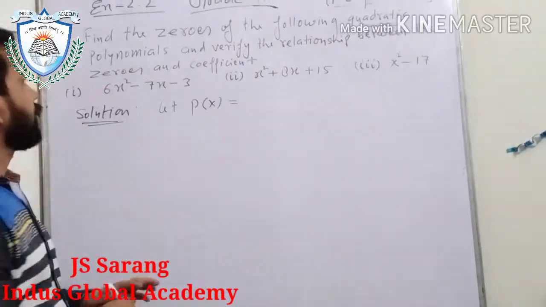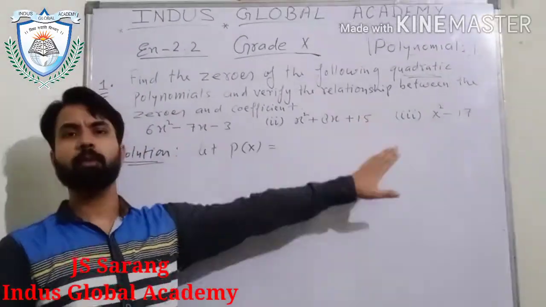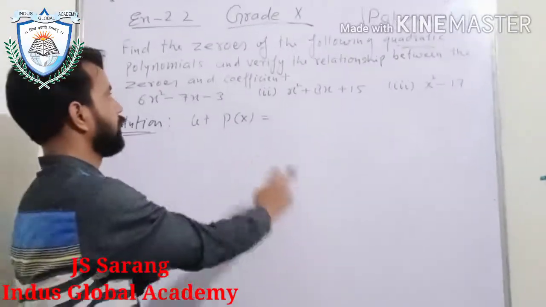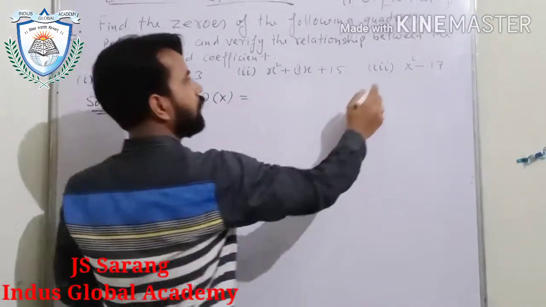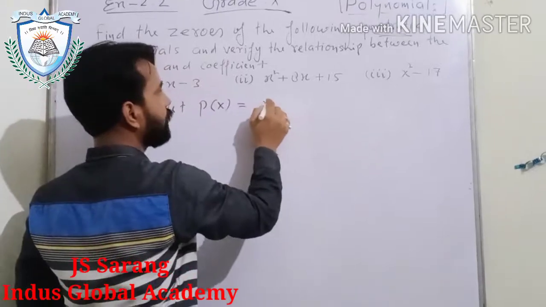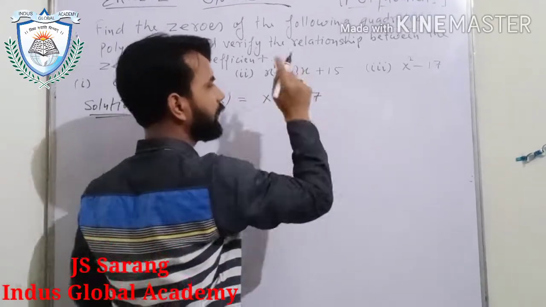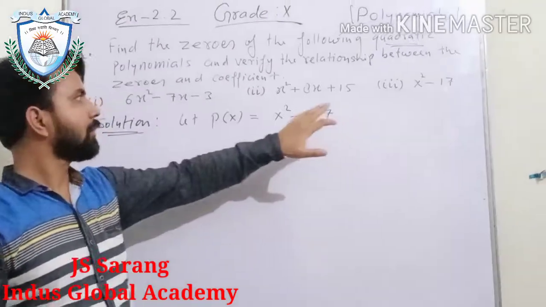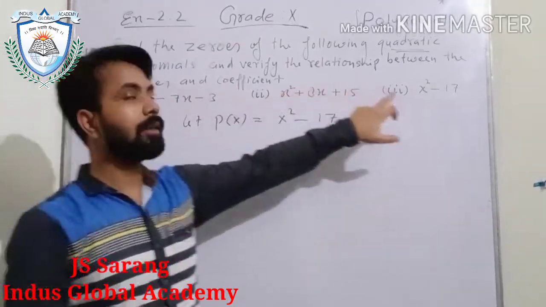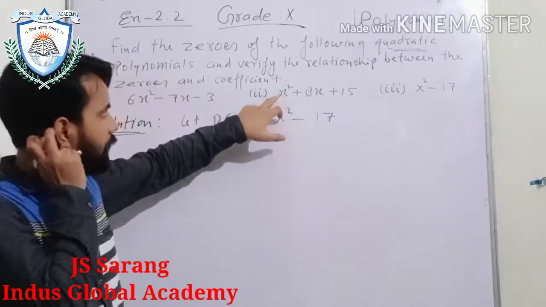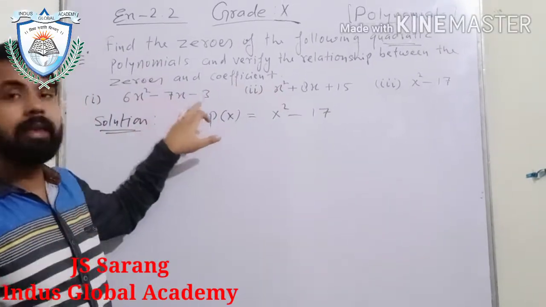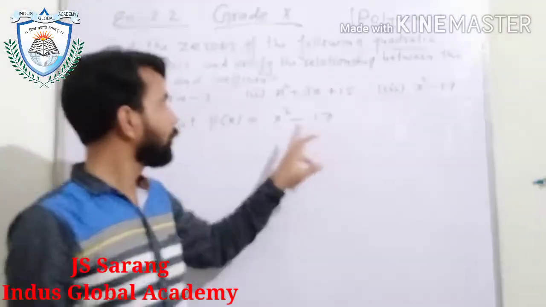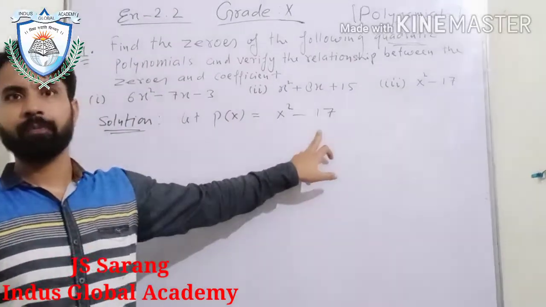The process will remain the same as in the first two parts. So first we will consider the given polynomial as p(x). So p(x) is equal to x square minus 17, but there is some difference between the first two parts and the last part. In the first two parts there were 3 terms, but here only 2 terms are there.